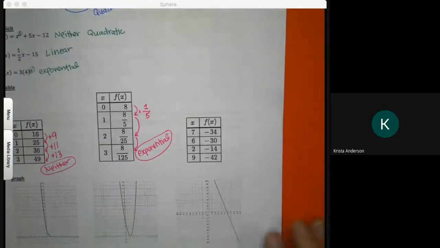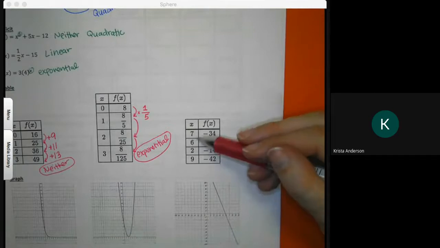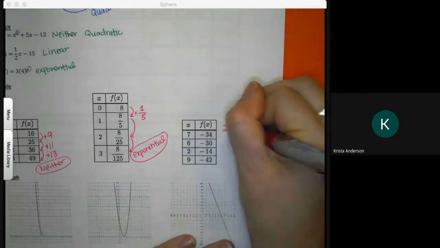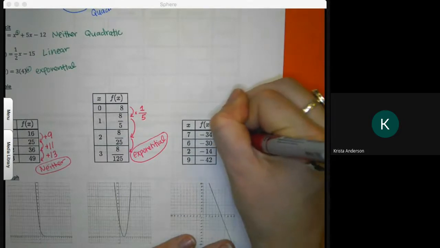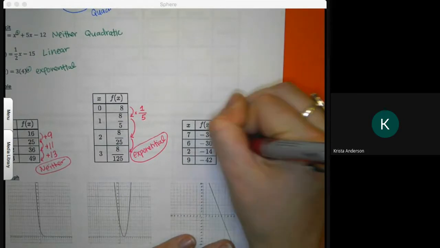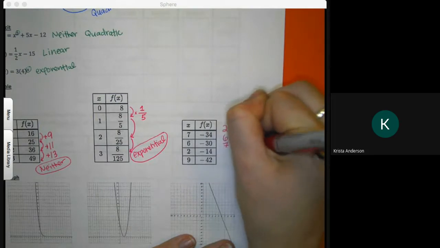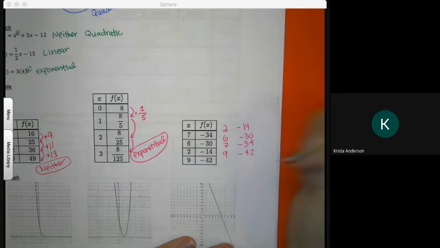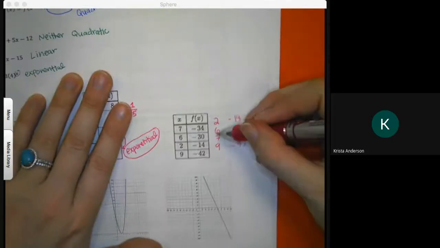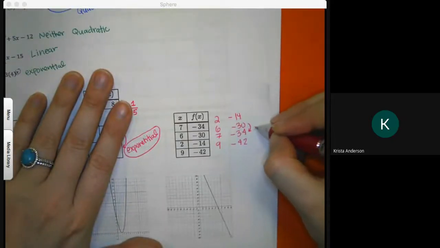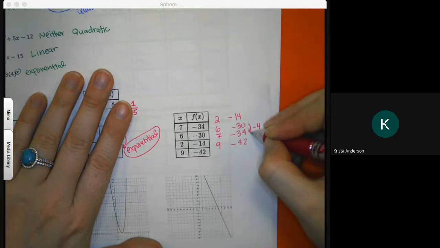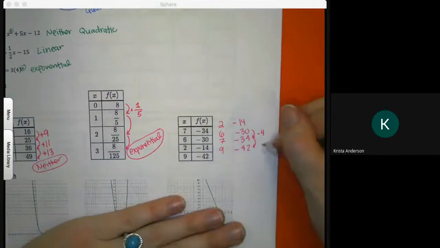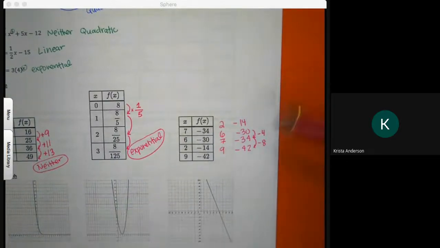Second question, it's trying to trick you, it's out of order. I'm going to organize it. 2 is at negative 14. 6 is at negative 30. 7, negative 34. 9, negative 42. From 6 to 7, it's subtracting 4, which means if I go from 7 to 9, that's 2 of them, which would be subtracting 8.